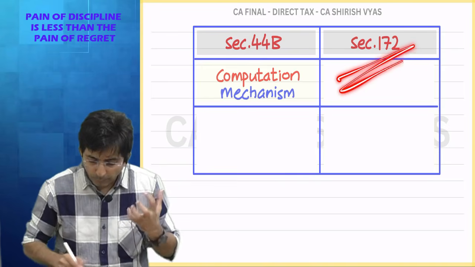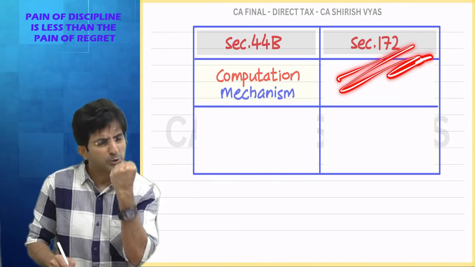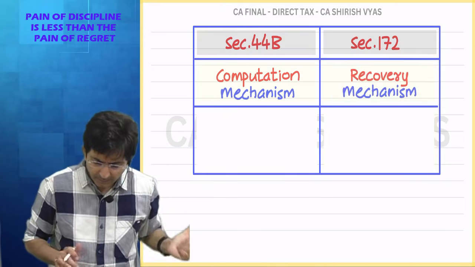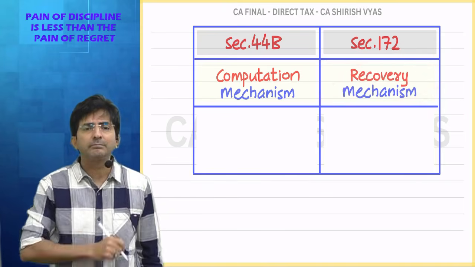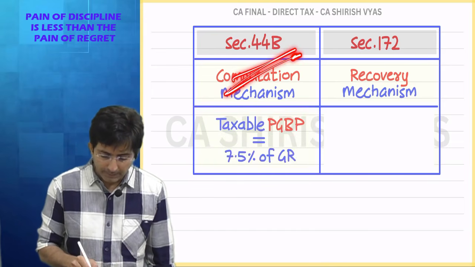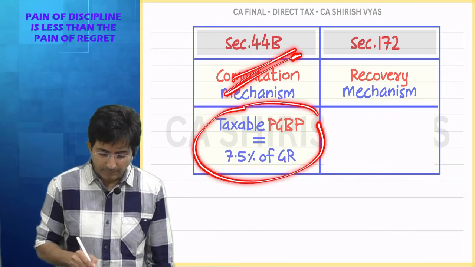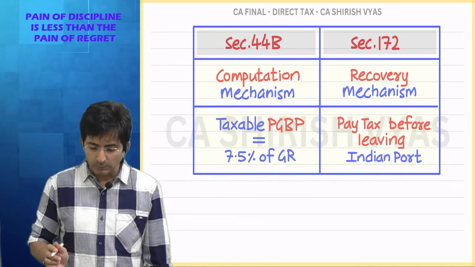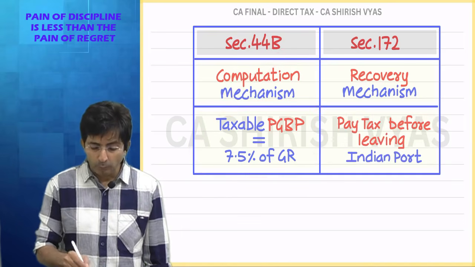But what is the feeling of 172? It wants to secure the tax before the ship leaves India. It's a recovery mechanism. Then 44B says PGBP will be 7.5% of gross receipts. But 172 says pay tax before leaving India.